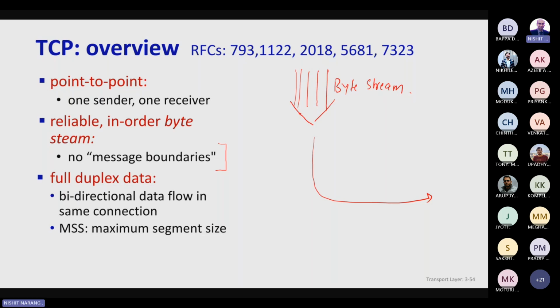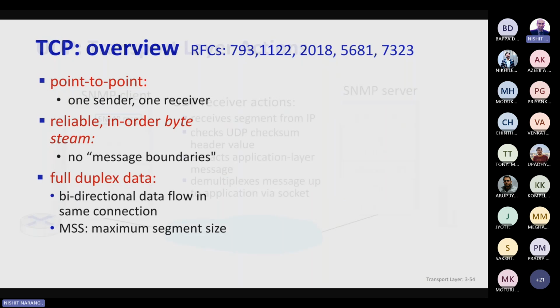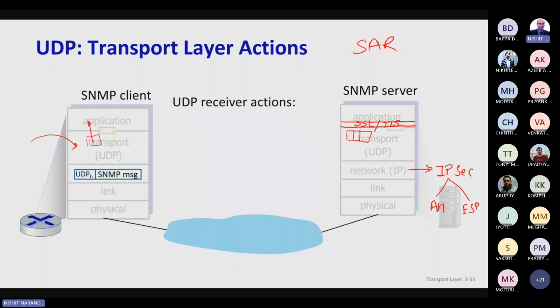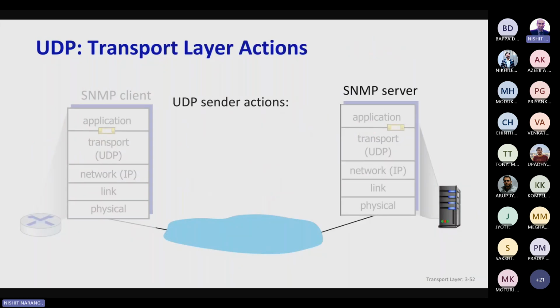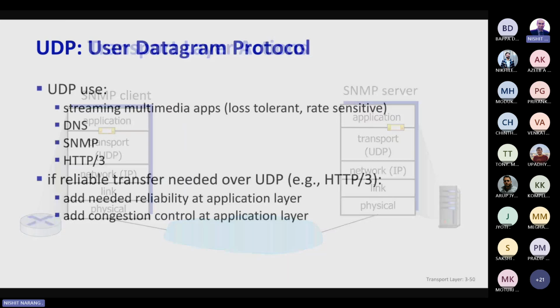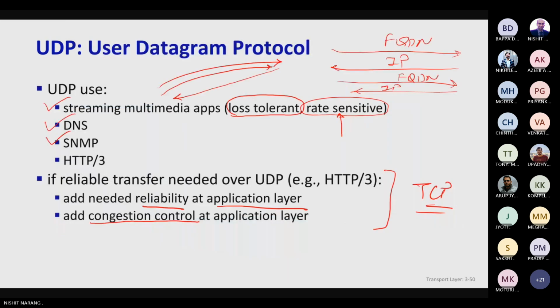Okay. So when I said if you want to use UDP, not TCP, but want to have some functions, which is what this slide said, let me take you back a few slides. Yeah, this slide. If reliable transfer is needed over UDP, if quick transfer is needed, but you don't want to use TCP, then all of this has to be done at the application layer.